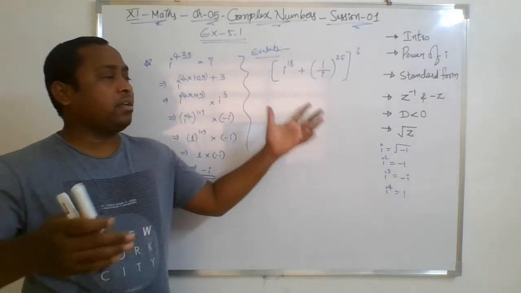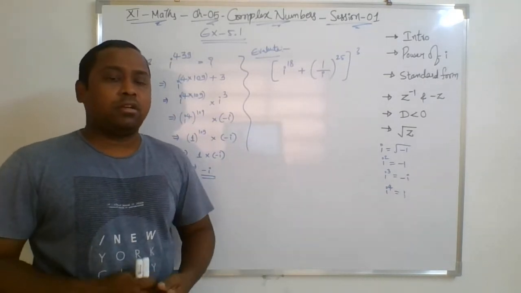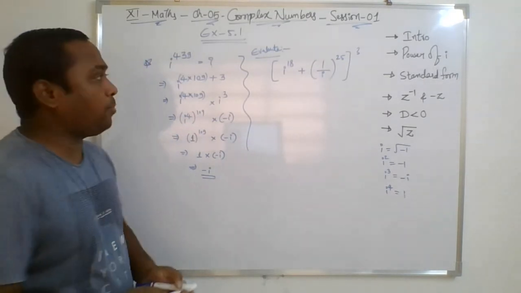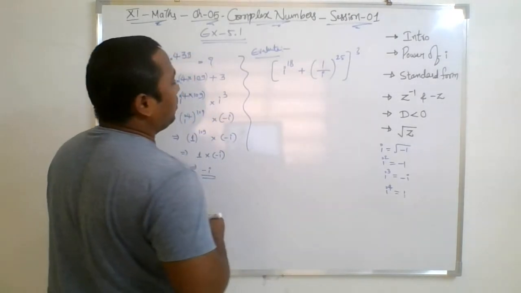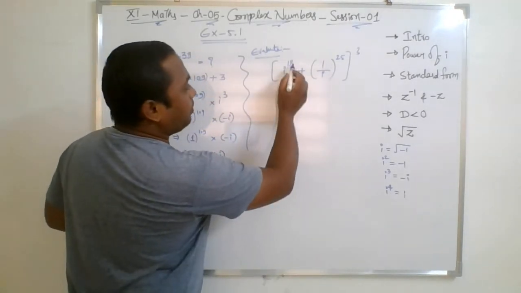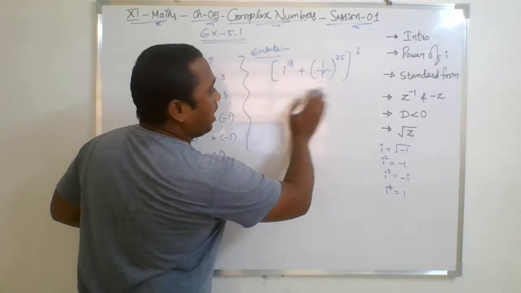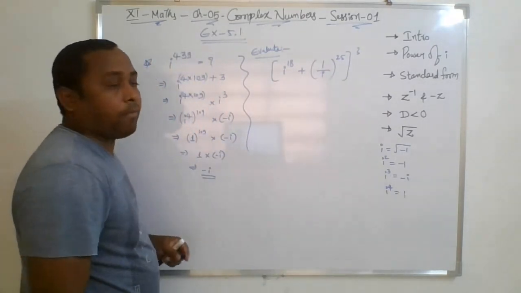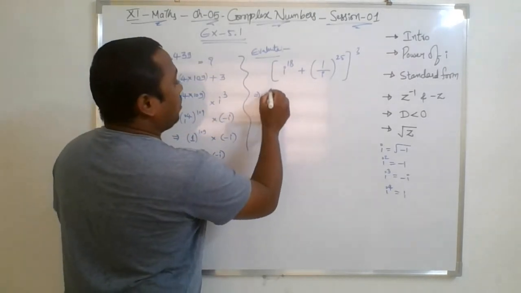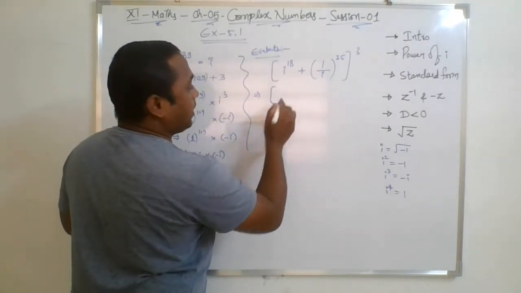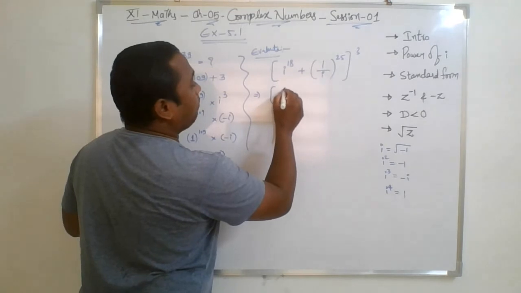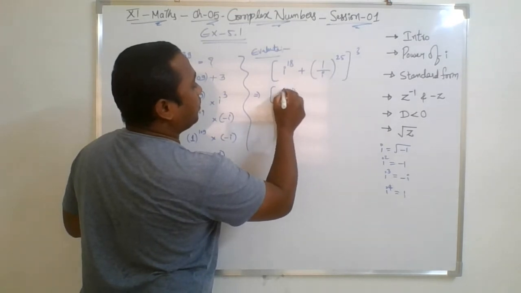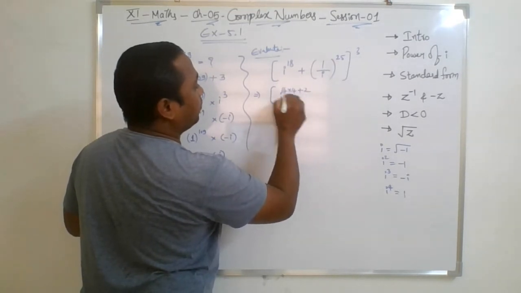It may be a big expression, but a step by step approach is feasible. First I will solve this one, then this one, add both results, and then solve the outer power. So we know how to write this as i to the power of 4 into 4, which is 16, plus 2.